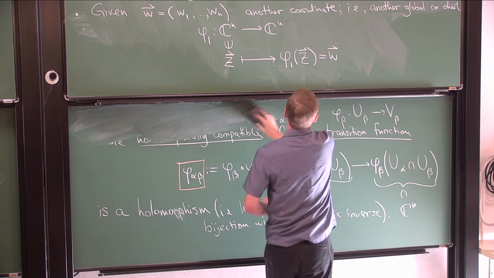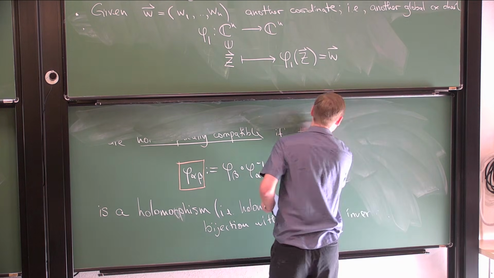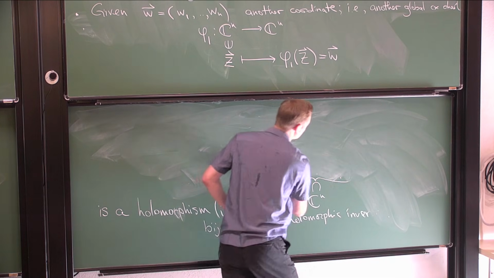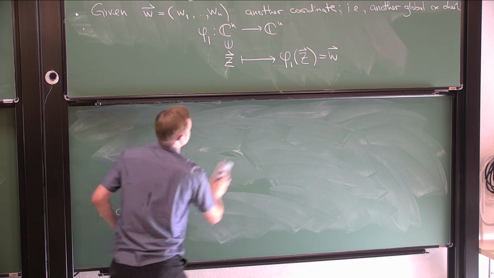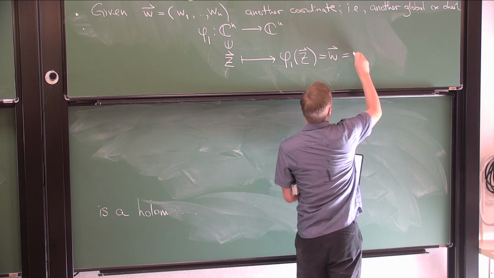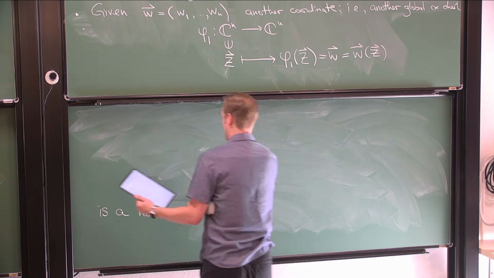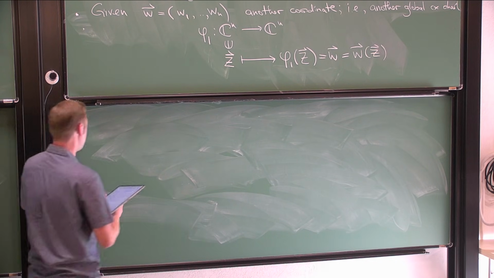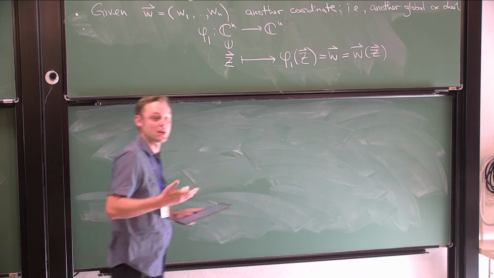Nowhere in this discussion is it obvious that they form the same complex atlas. That's something that I need to check. What does that mean? It means that whatever this function is, w, maybe I should write w of z, this function better respect the holomorphic structure.